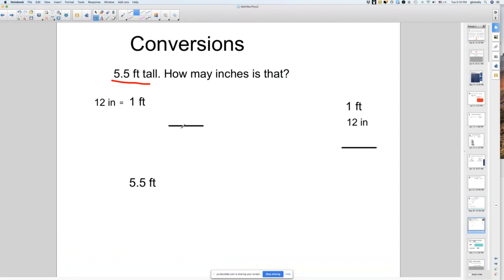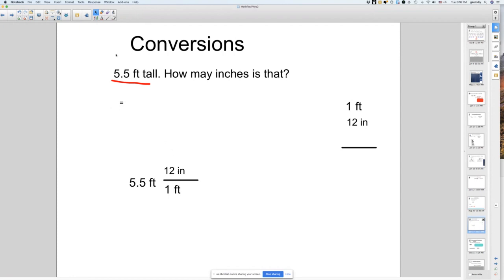Okay, so I start out with 5.5 feet, and I'm going to multiply by the conversion factor. That means this, where I can put one of these on the bottom, one of these on top. Which one do I put on the bottom? The one I want to cancel. Which one I put on top? The one I don't want to cancel.